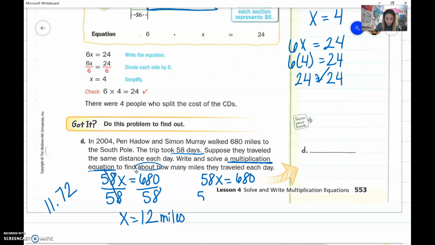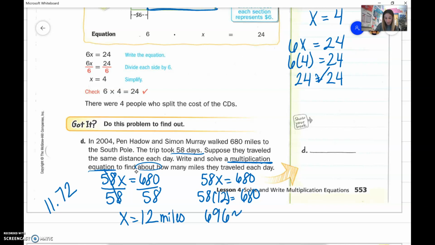So if I grab my calculator and go 58 times 12, and we said it's 680. When you round that, I get 696.